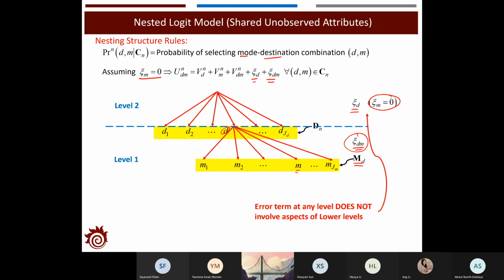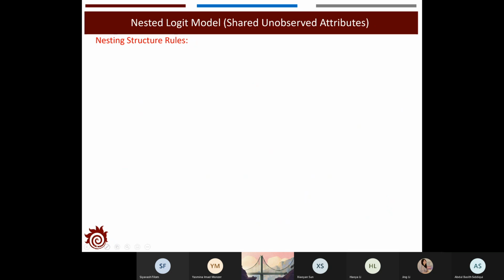This rule should be applied for the more complicated case with more than 2 levels. If we have another thing like the route, we're going to introduce that one later. Then level 2 will not involve the mode and the route, and for level 1, it will not involve the route, and so on. So that's the most fundamental rule we have to consider.